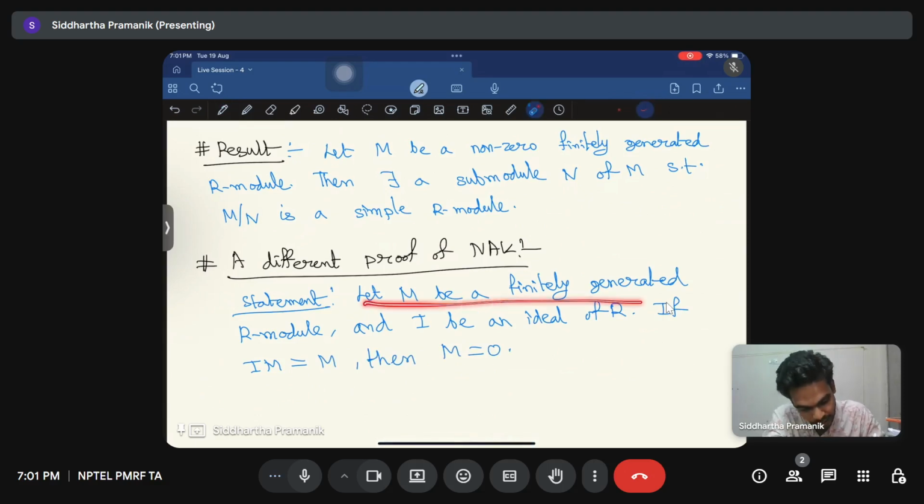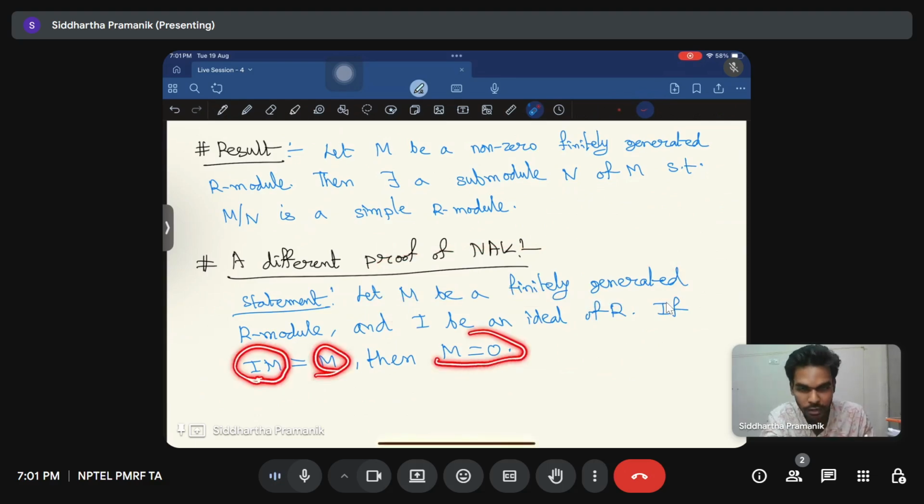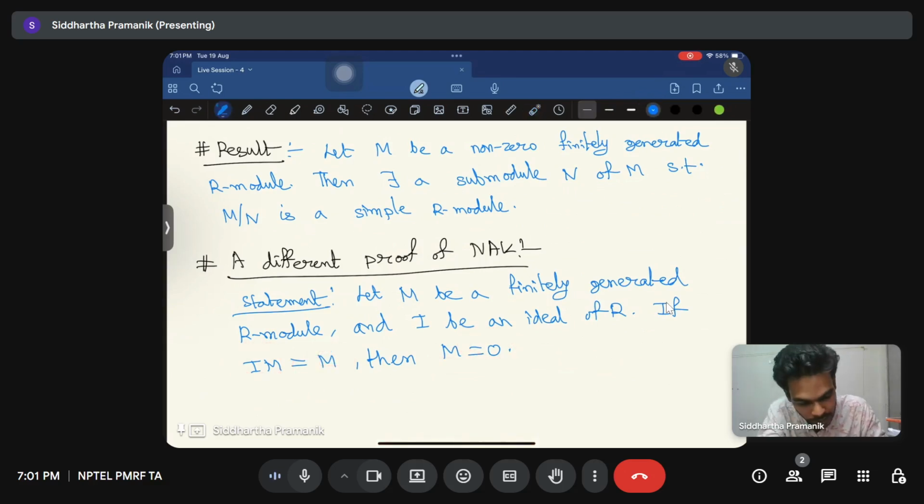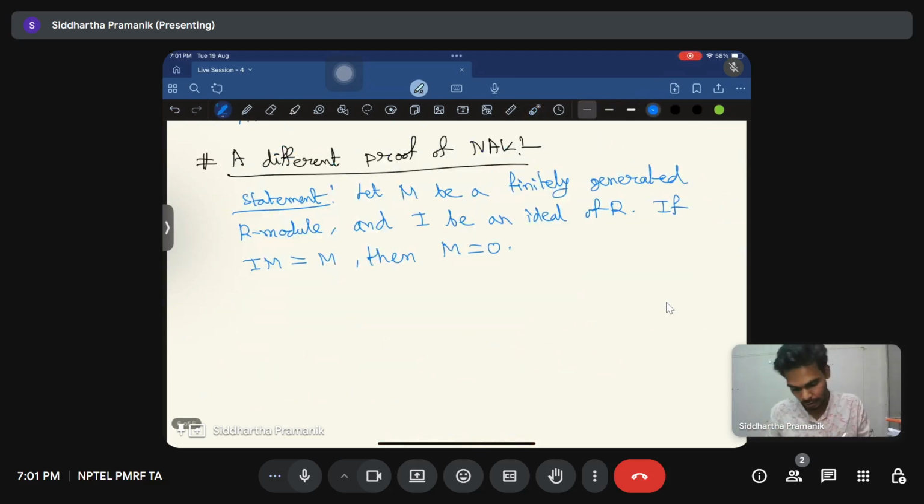So M is just a finitely generated R module, R is any ring, I is an ideal. If IM, this submodule, equals M, then this module has to be 0. That is the statement of Nakayama's lemma. Now let's see the proof.